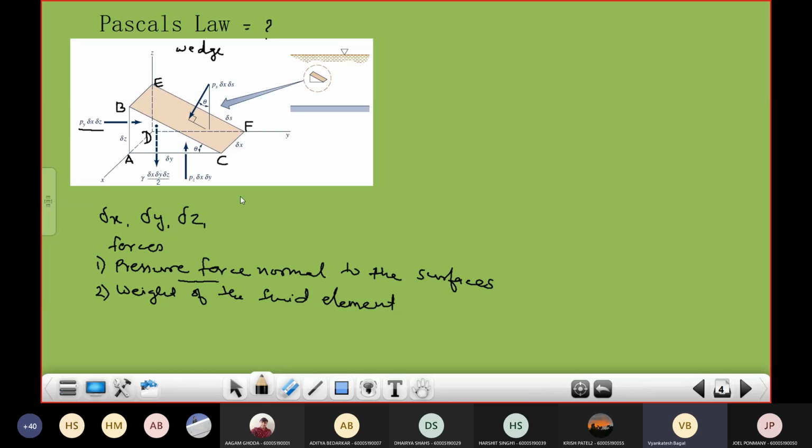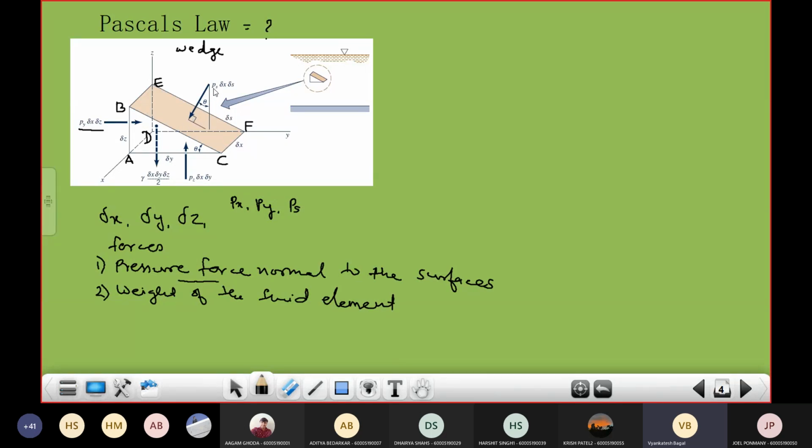So here I forgot to mention: let us assume that Px, Py, and Ps are the pressures acting along the X direction, the Y direction, and along the slanting edge of the wedge.